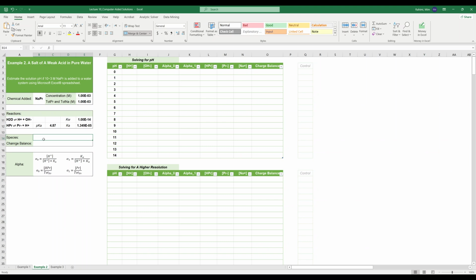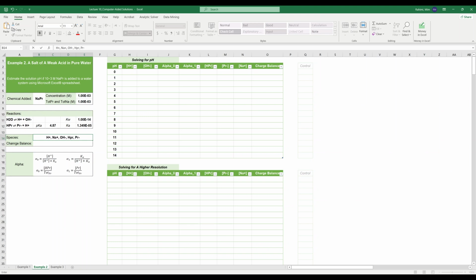This time the species are a bit different compared to the previous case. In the previous case, we had H plus as the only positively charged species, but this time we also have sodium. In terms of the negatively charged species, we have the same as the previous case, OH minus and PR minus. And we also have HPR as our species.